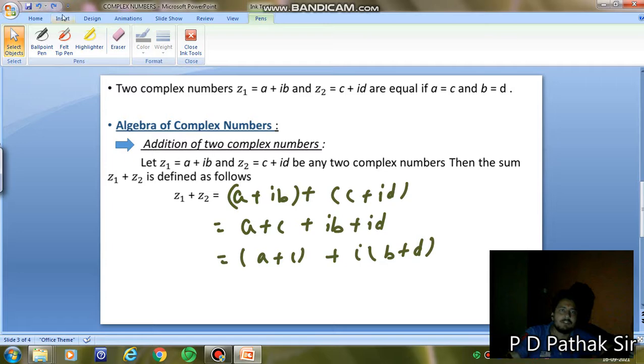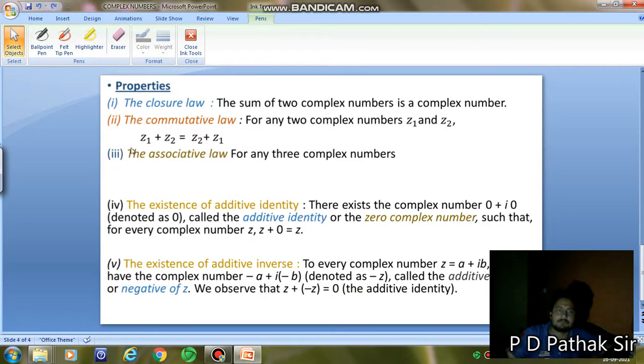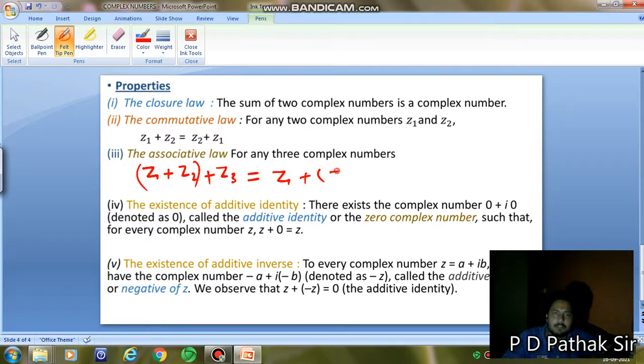What is the associative law? If z1, z2, z3 are three complex numbers, then if you add z1 and z2 and then add z3, it equals z1 plus z2 plus z3. This is the associative law for complex numbers.